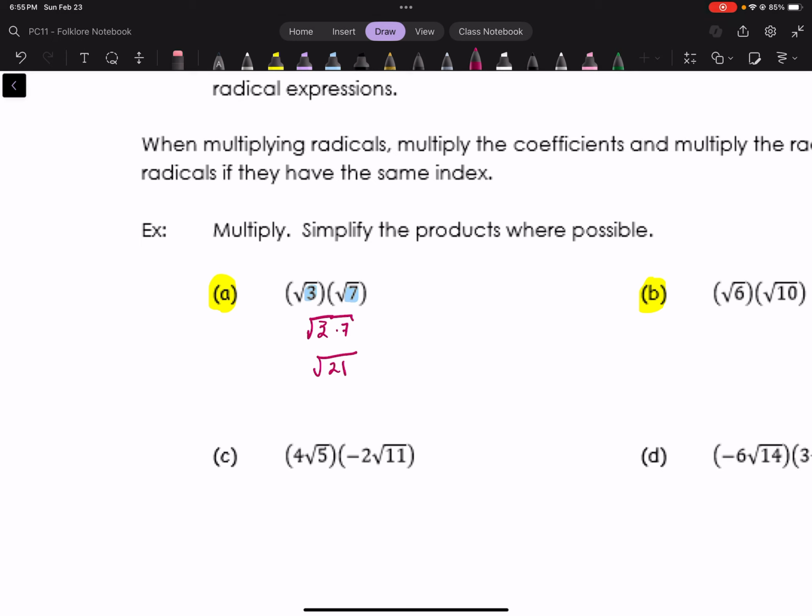Now, can we simplify that? No, because it has the prime factors 3 and 7, and there's no perfect squares that exist that are a factor of 21. So that was very unexciting, but at least we got to see what multiplying radicals entails.